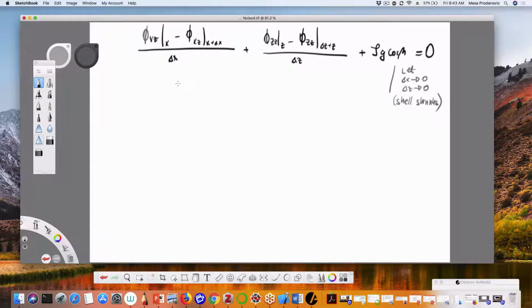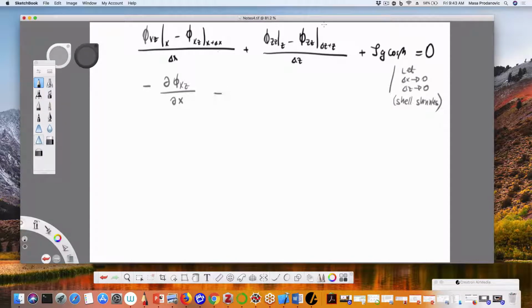What is that the definition of? Derivative, partial derivative, right? Z is kept constant. So this is basically minus partial phi xz with respect to x. By definition, the textbook definition of partial derivative.